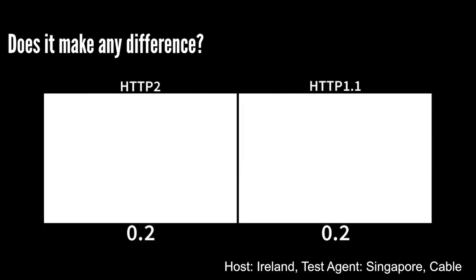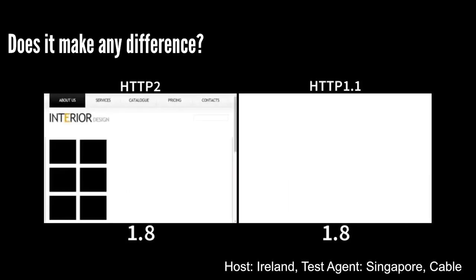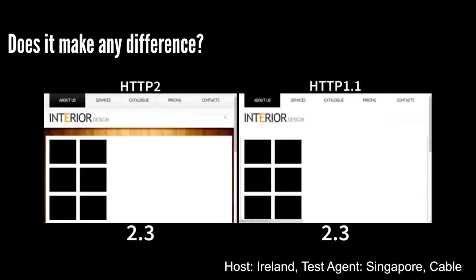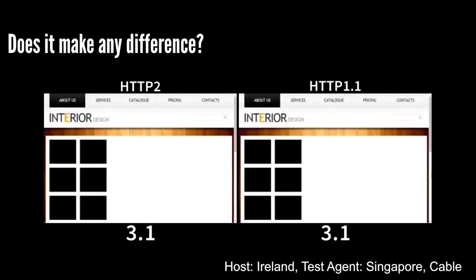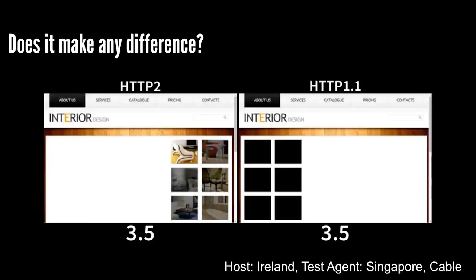And when we play it at quarter speed, or when you do this in front of clients, you show them their site going this slow, it's fabulous because they all think, is our site really that slow? So what you can see is the HTTP2 one started rendering first.